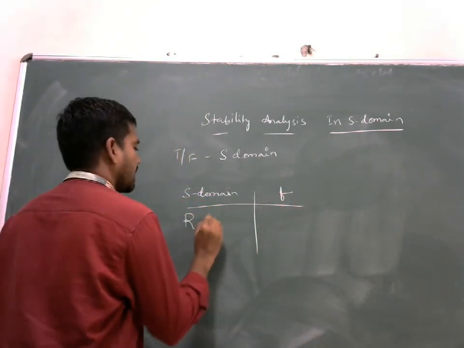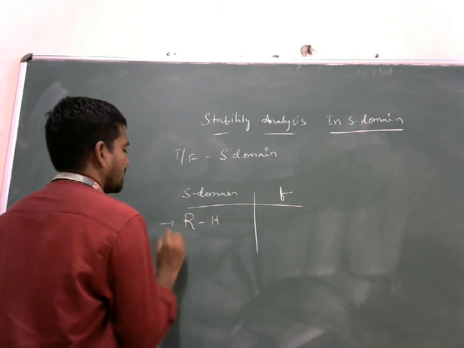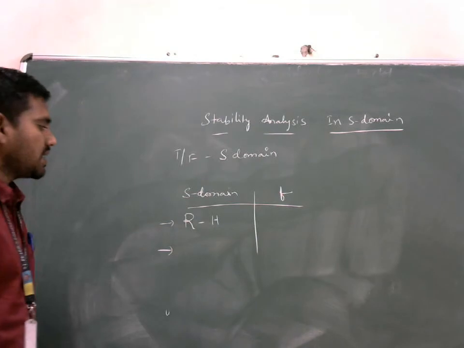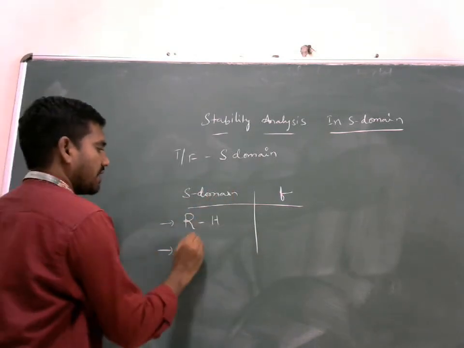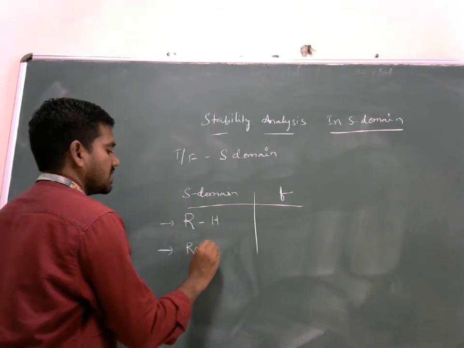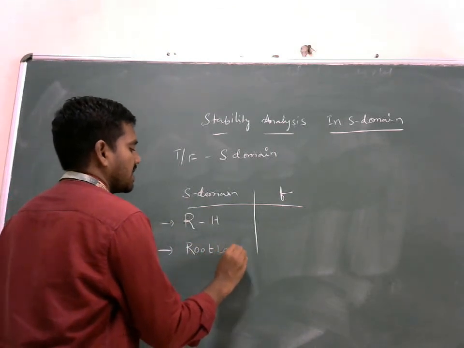Here we have different methods to find the stability of the system. In the S domain, the first one is the RH criteria, and the next one is the root locus method.